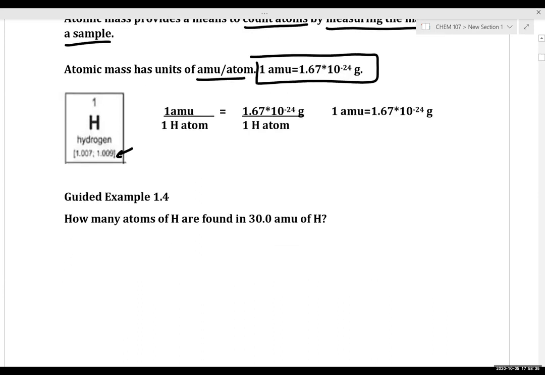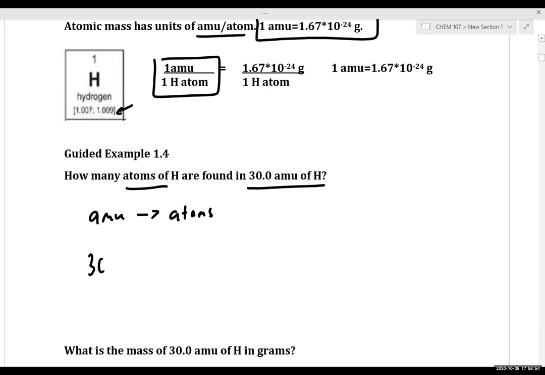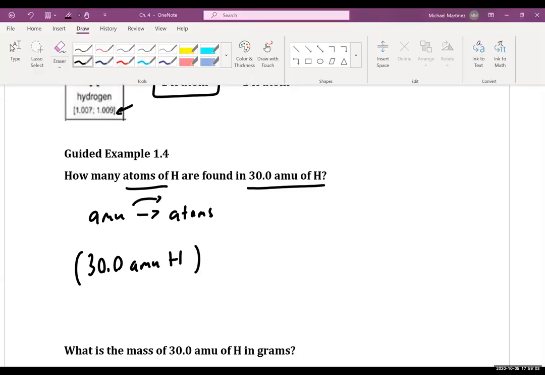So for example, we're asked how many atoms of hydrogen are found in 30 AMUs of hydrogen. So setting up our solution map, we're going from AMUs to atoms. Our conversion factor in this case is going to be our atomic mass. So if we have 30.0 AMUs of hydrogen, we're going from AMUs to atoms.